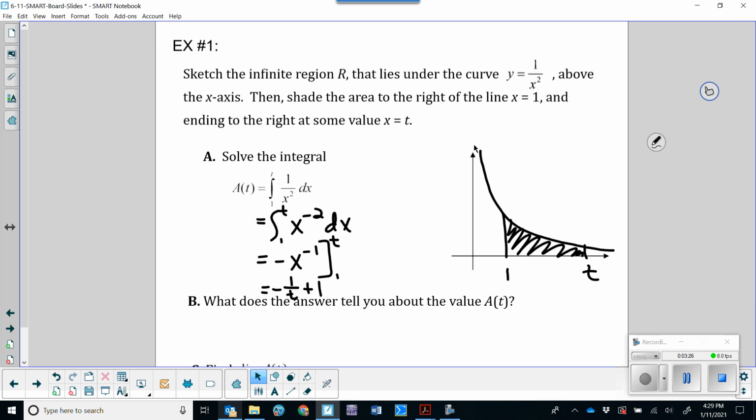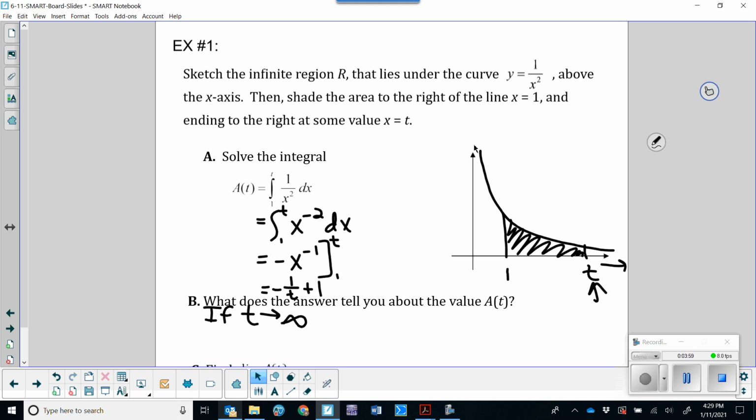The thing we need to figure out is what happens if we let t go to infinity. I just arbitrarily put t right here, but t could be way down somewhere along the line. The idea is, what if t goes all the way to infinity? I want the area underneath, but there's actually no end to it.